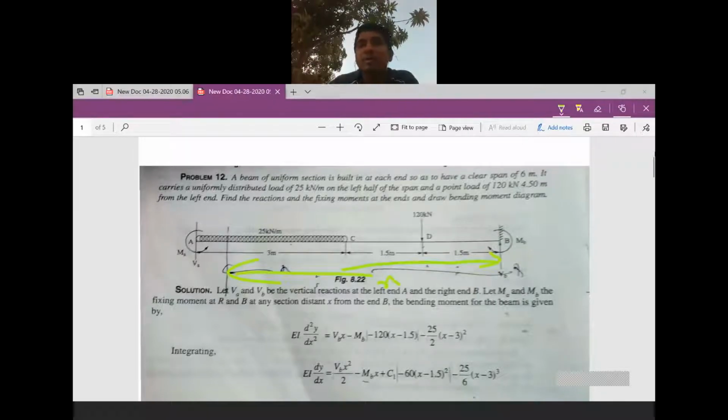Then 120 into this distance, which is x minus 1.5, so 120 into (x minus 1.5). Then 25 into (x minus 3) into (x minus 3) by 2. Understand? Are you able to understand?